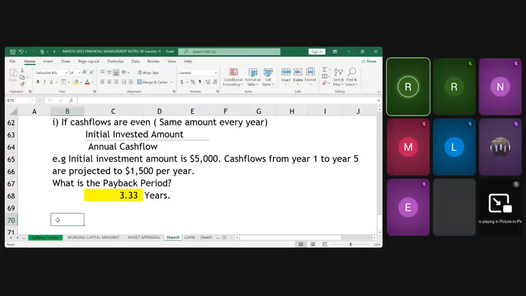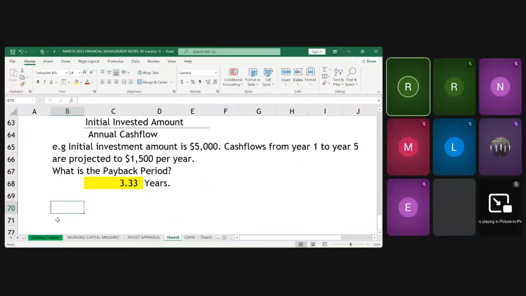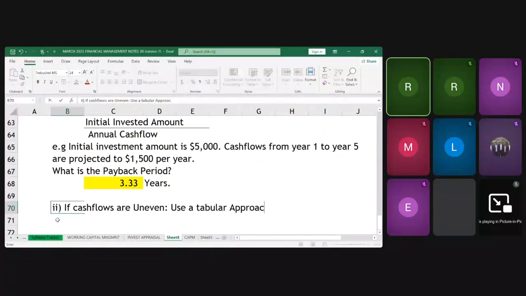In most cases, a realistic situation is whereby cash flows are uneven. If cash flows are uneven, just make use of a tabular approach to find your payback period.